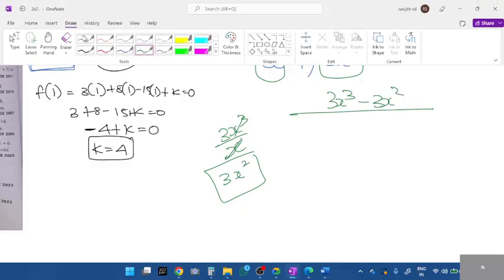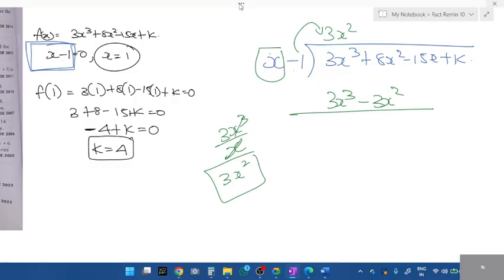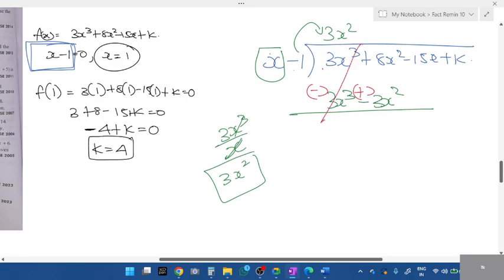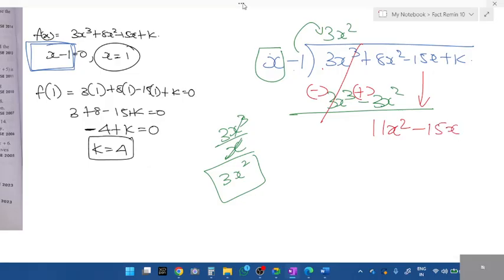Next, we always give preference for the first one. If both are positive, change the sign. This becomes minus, this becomes plus. The signs will change, students. Cancel. What is 8x square plus 3x square? 11x square. Yeah, bring down minus 15x. Now again, start from the beginning.